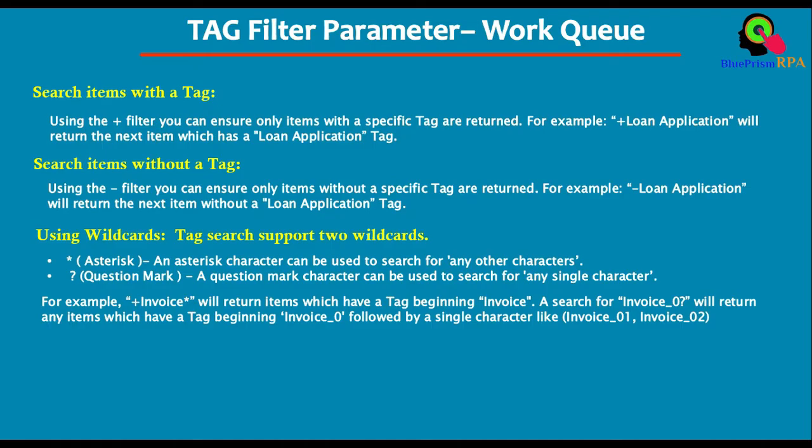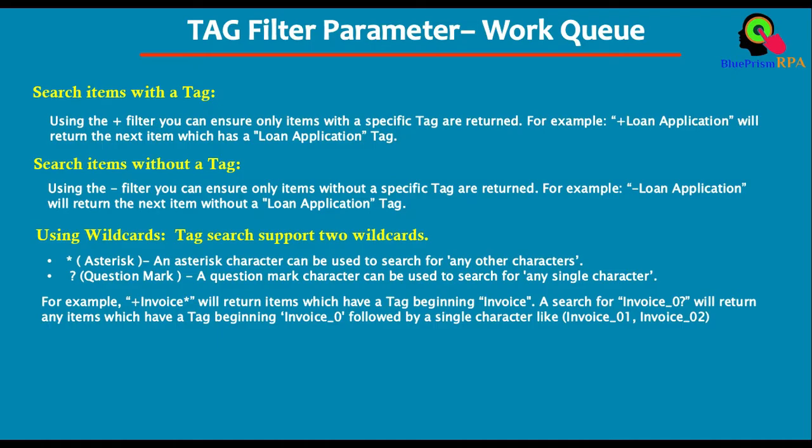A search for invoice underscore 0 and a question mark will return any items which have a tag beginning with invoice underscore 0 followed by a single character, like invoice underscore 0 and whatever, it can be 1, 2, a, b, c, any character, but only a single character.